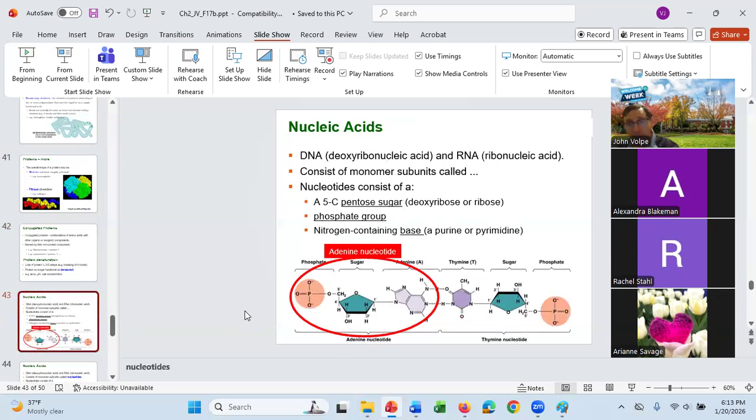All right, let's talk about the fourth biological molecule, the nucleic acids. There are two you need to know about, DNA and RNA, which are also called DNA for deoxyribonucleic acid and RNA ribonucleic acid. All of these, meaning DNA and RNA, consist of a monomer subunit called a nucleotide. Nucleotides consist of three parts, a 5-pentose sugar. Let me blow this up.